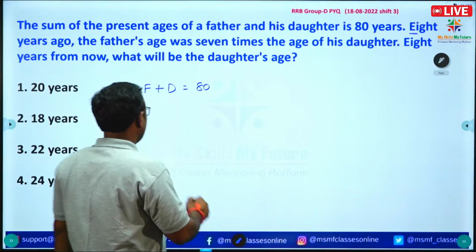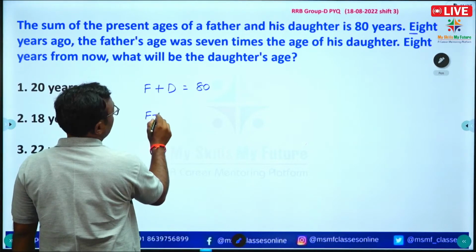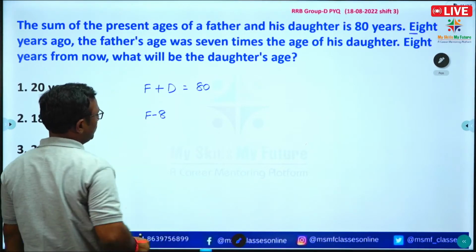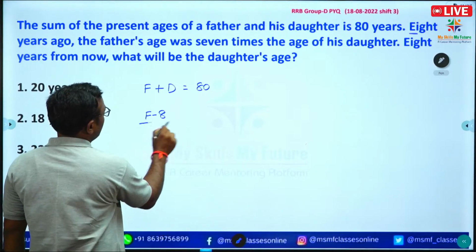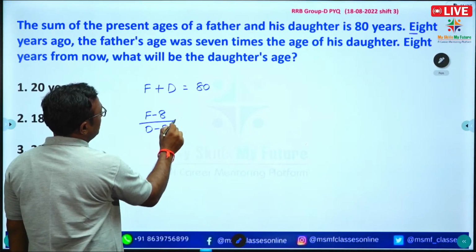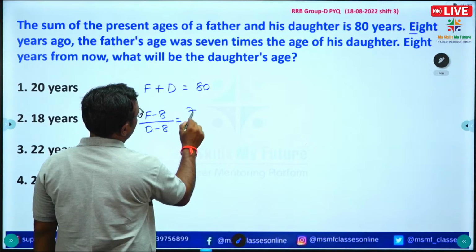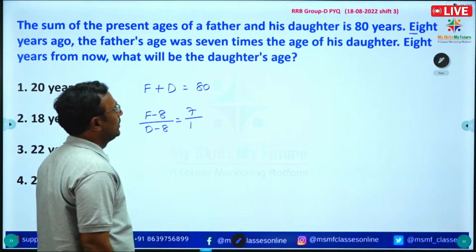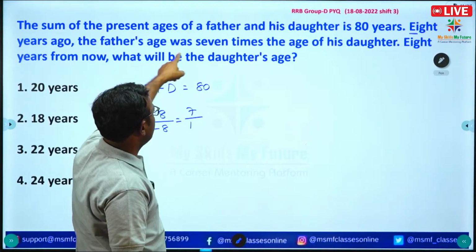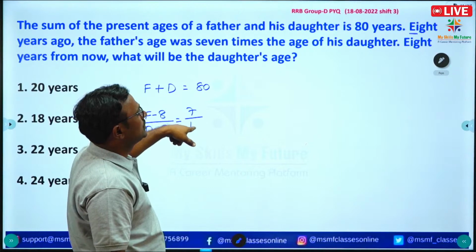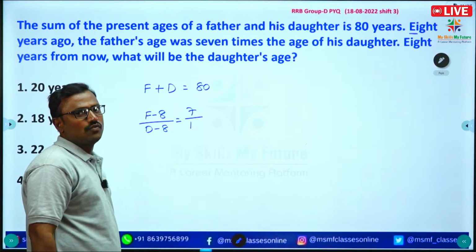So 8 years ago, father's age minus 8, daughter's age minus 8, the ratio of their ages is 7:1. Why? Because they have given that the father's age was 7 times the age of his daughter. We can write 7:1.